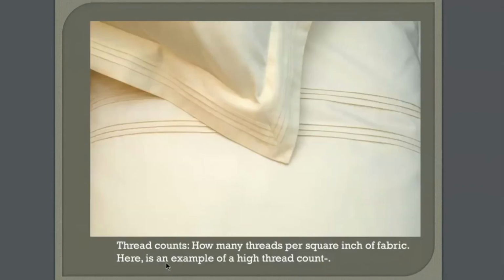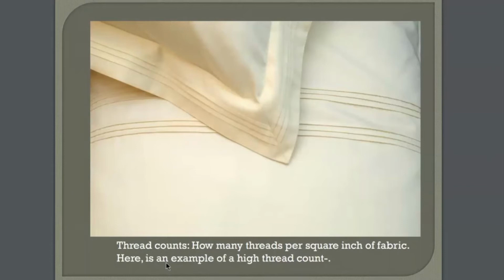Your textbook, and you have an assignment about thread count. It's more about weight in your textbook, but we'll talk about thread count a little bit. So thread count, according to your textbook, and I support the text, really determines the quality of the fabric. Thread count means how many threads per square inch of fabric.